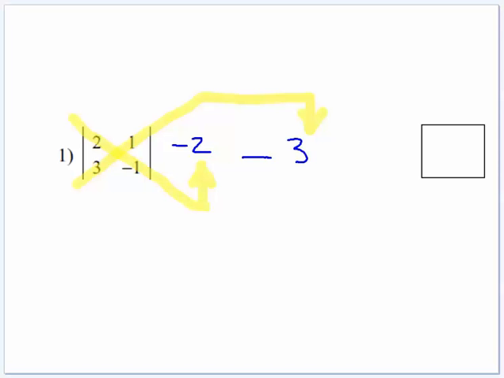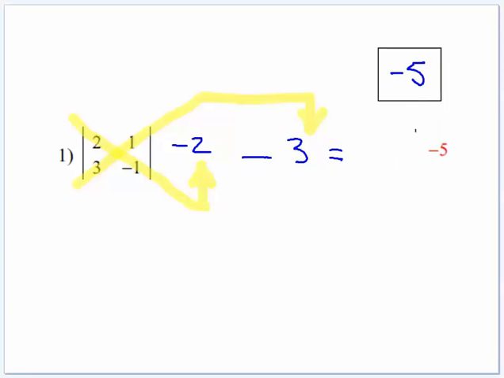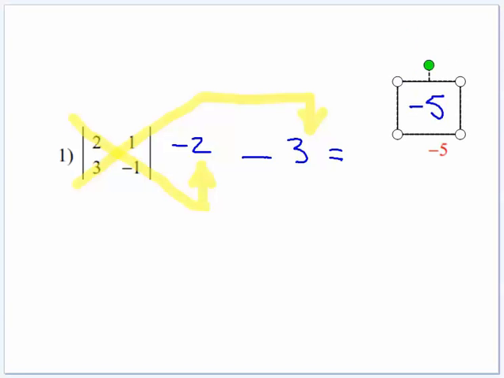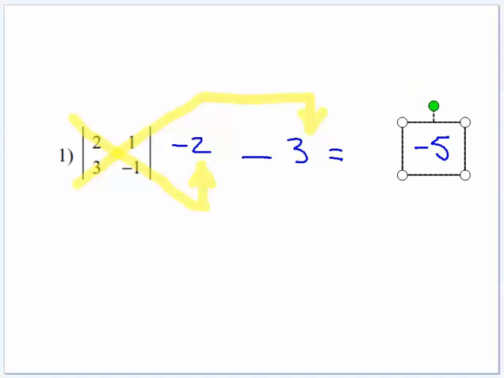Negative 2 minus 3. You've borrowed $2 and you borrow 3 more, and that's going to be equal to negative 5. So let's take a look and see if we have the right answer. And yes, we do. Great. Move on to the next problem.